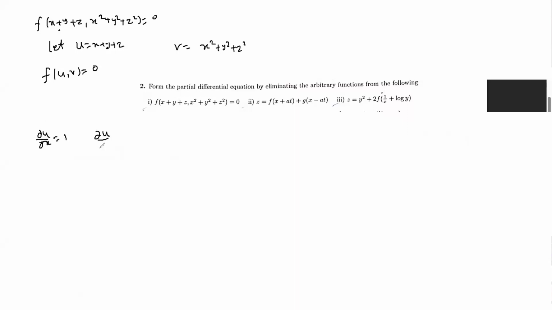Del u by del y is equal to 1. Del u by del z is equal to 1, right? Del v by del x is 2x. Del v by del y is 2y. Del v by del z is 2z, right?